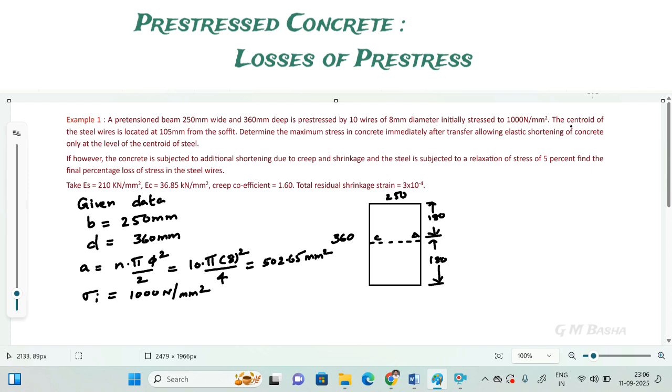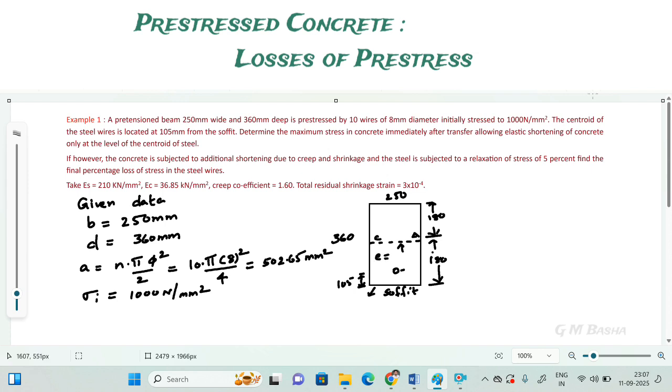And what is given here? The centroid of the steel wires. Steel wires means the tendons. The centroid of the steel wires is located 105 mm from the soffit of the beam. Soffit means the bottom of the beam. From here, it is located at how much distance? They have given 105 mm. So from the center, the remaining position will be the eccentricity.